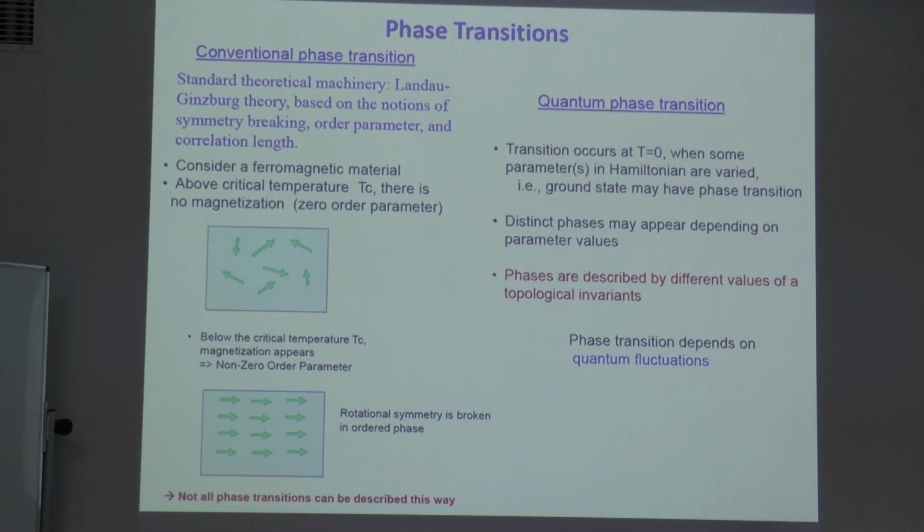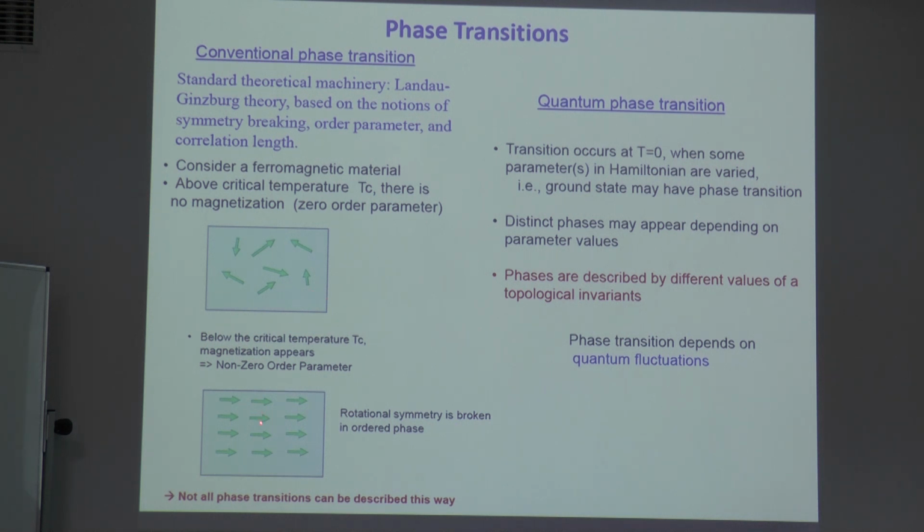So what's happening is there's a phase transition, a quantum phase transition, which is different than a classical phase transition. In a conventional classical phase transition, the standard machinery is the Ginzburg-Landau theory with notions of symmetry breaking, order parameter, and correlation length. If you consider a ferromagnetic material above the critical temperature, there's no magnetization. The moments are random.